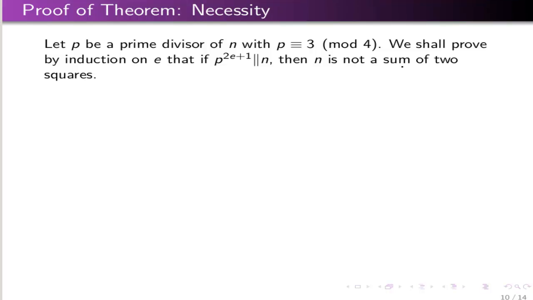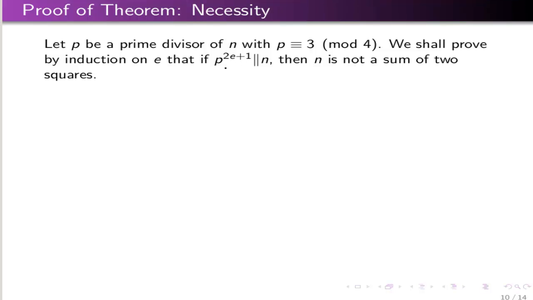Okay, let's turn to the proof of the theorem. It's an if and only if statement, so let's start with necessity. Let P be a prime divisor of n congruent to 3 mod 4. We're going to prove by induction on e that if P to the 2e plus 1 divides n exactly, then n is not a sum of two squares.